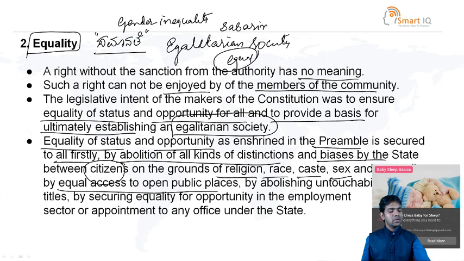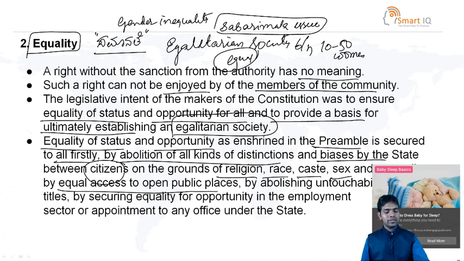What is the Sabarimala issue? It is a ban on women between the ages of 10 and 50 entering the sanctum sanctorum of the Sabarimala temple. That is called gender inequality. That's the reason for equal access to open public places by abolishing untouchability and titles.